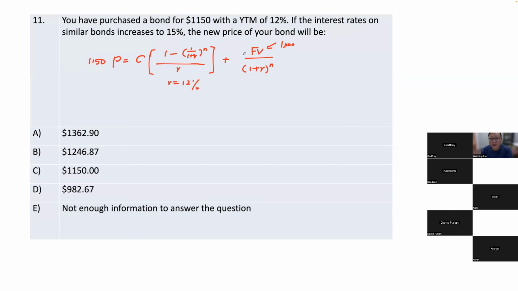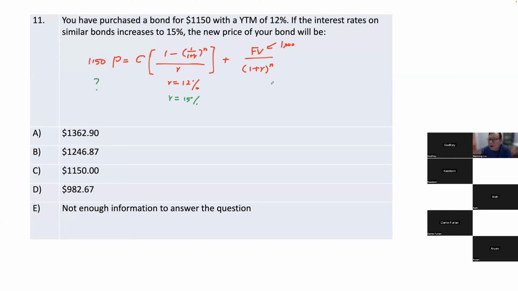Okay. So now the question is, what if my R equals 15%? What would my price be, right? In this case, we don't have enough information because we have two equations, right?